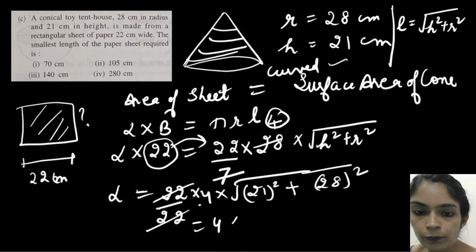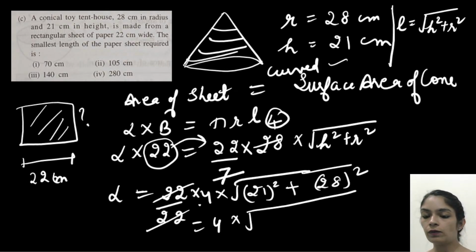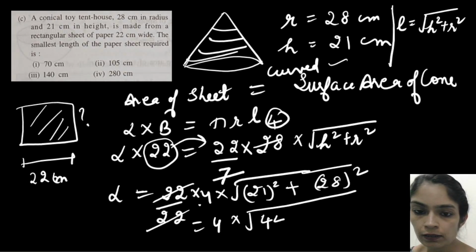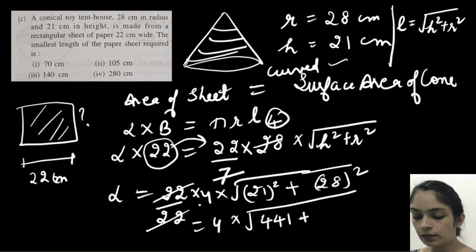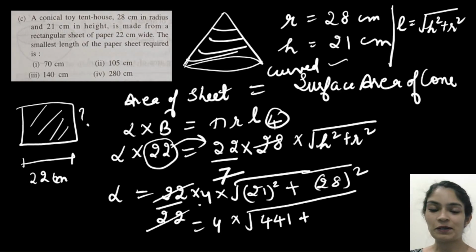What is the square of 21? 21 and 28 square, you can tell me. 21 square is 441. I know every one of you knows that.